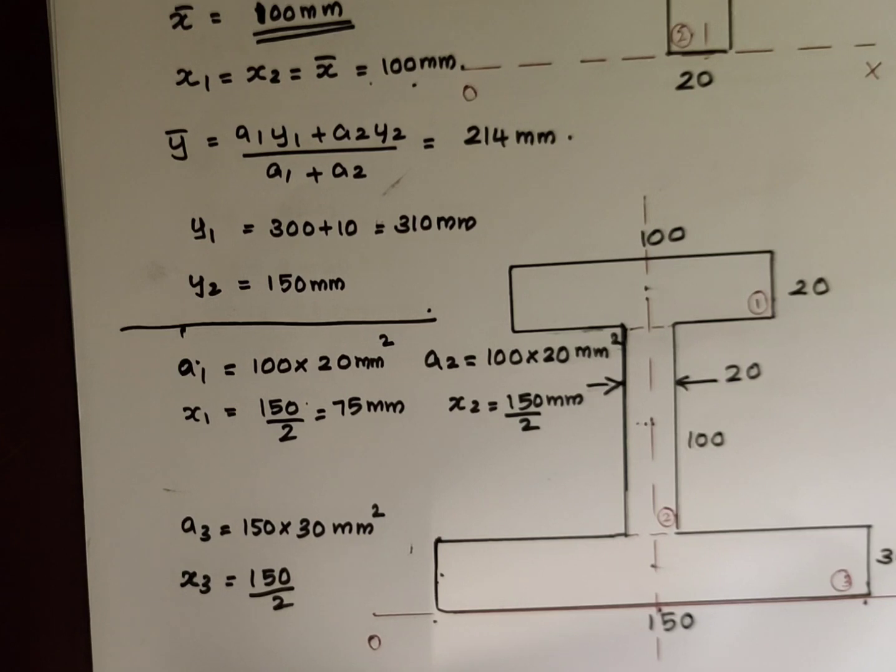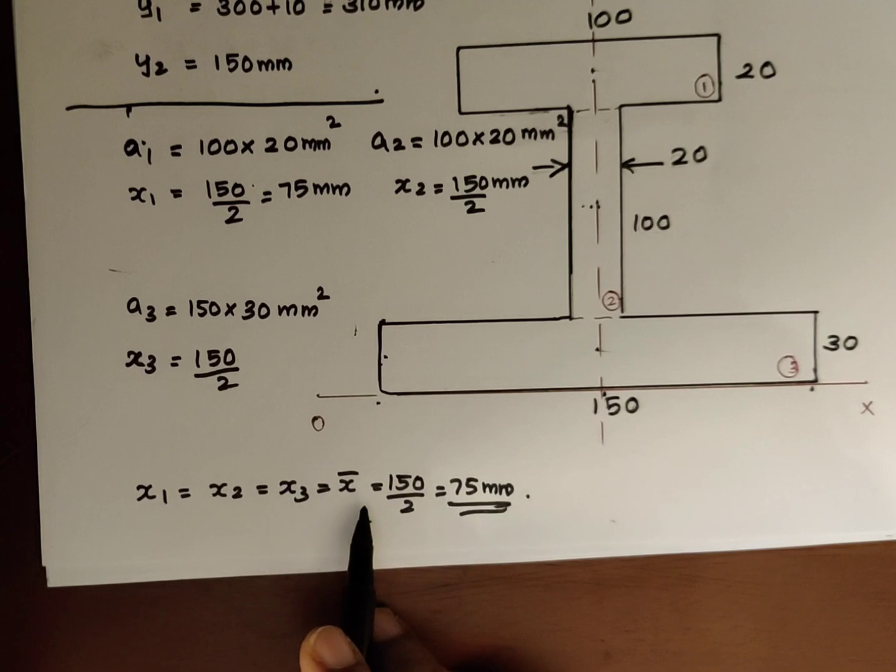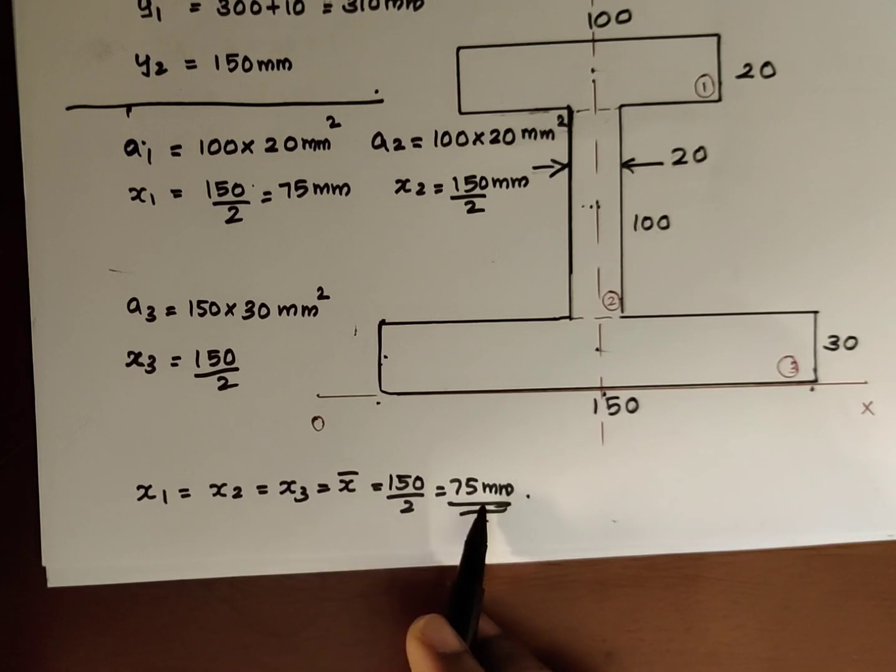So you can write directly x1 is equal to x2 is equal to x3 is equal to x bar is equal to 150 by 2, that is 75 mm. There is no need to do the calculation.